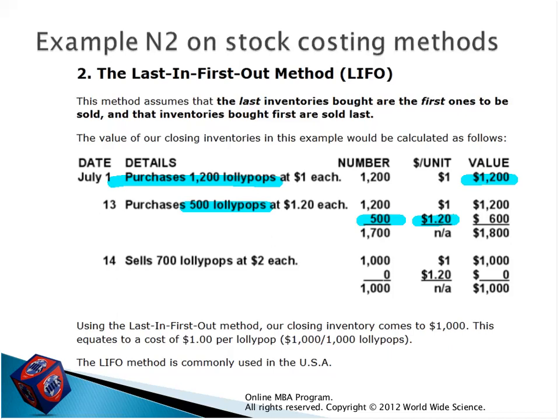You will get 600 as the value of inventories. So totaling our inventories before the 14th of July, in values we have 1,800, right? And in units of lollipops, 1,700. Then Miss Shepherd sells 700 lollipops at $2 each, right?